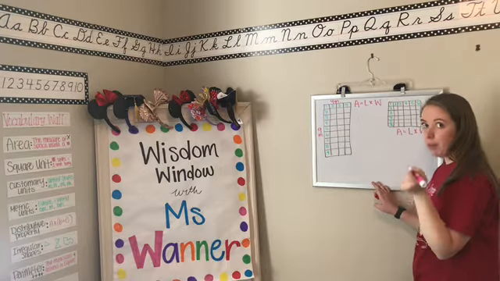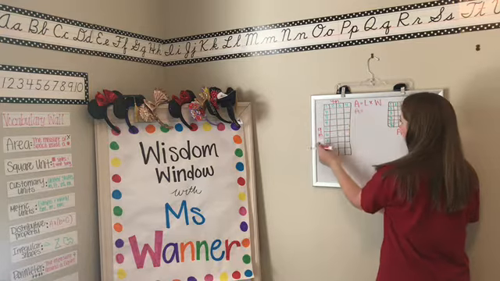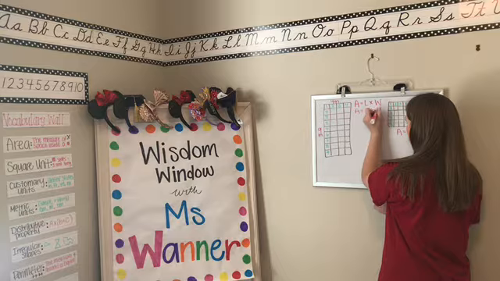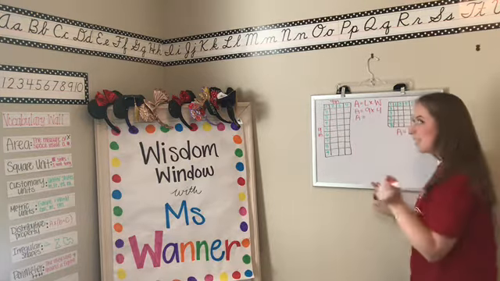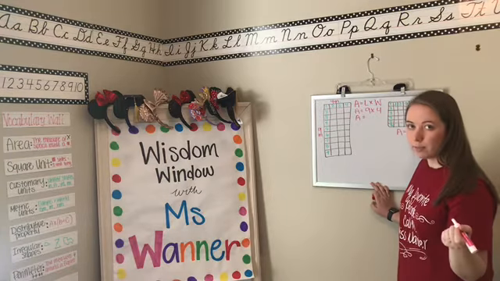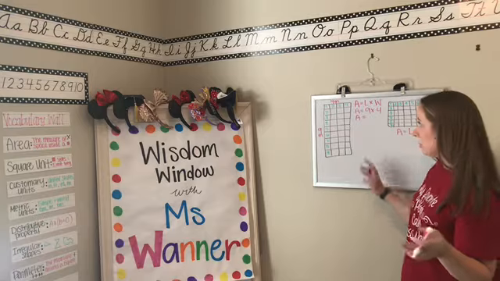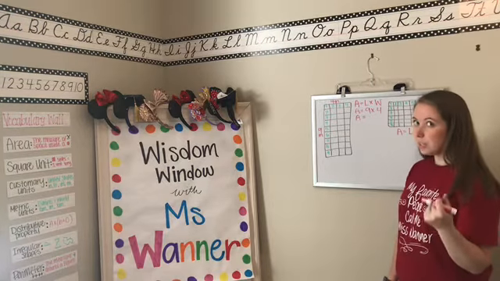And now I need to find my area. So my area equals my length of 9 times my width of 4. And how do you solve that? What is 9 times 4? And remember, if you're having a little bit of a hard time trying to figure out this multiplication problem really fast, you can also do it like so.